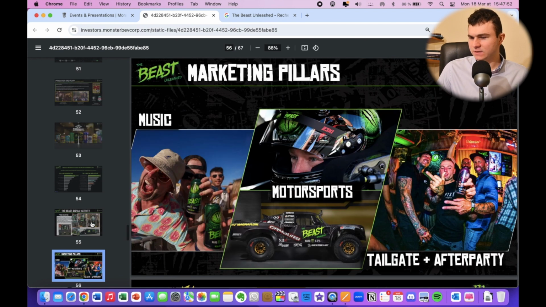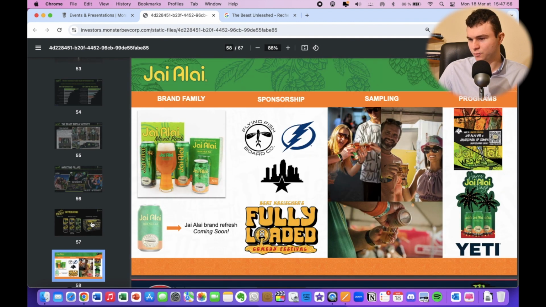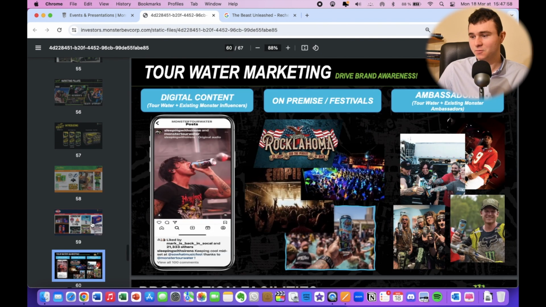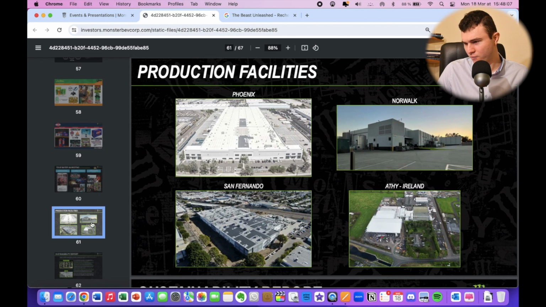Based and display activity. Okay, marketing, new products. Digital content. Production facilities. So they plan to, what does that mean? They have 4 plants. Okay, they have 4 facilities, not only in the US, also in Ireland, where they build their cans.